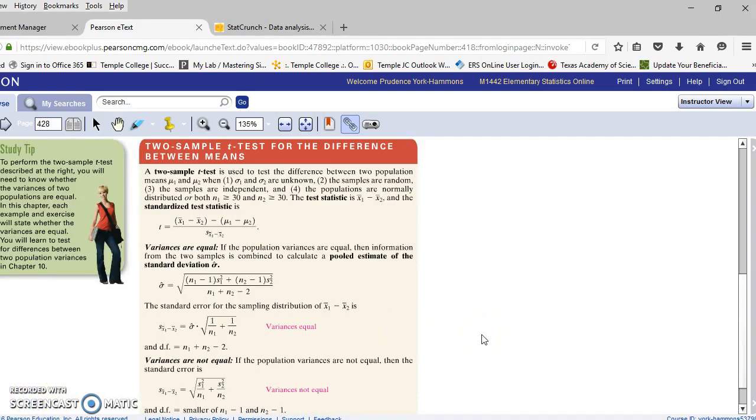I'd like to bring your attention to some information lower on that page 428. It talks about the two-sample t-test for the difference between means.